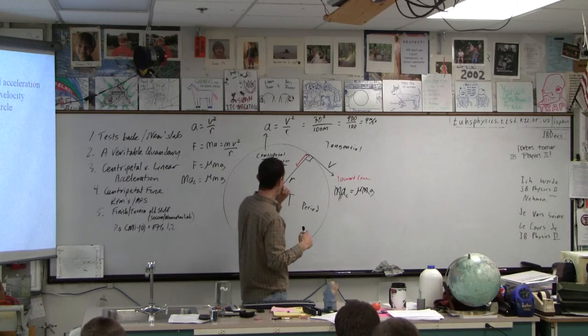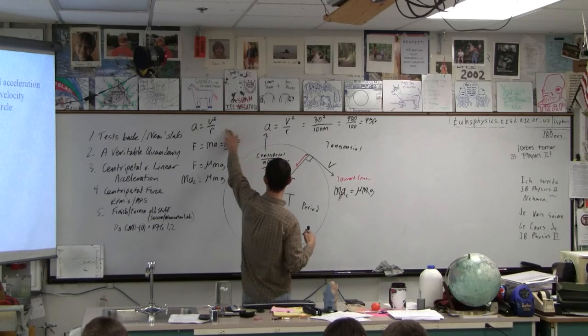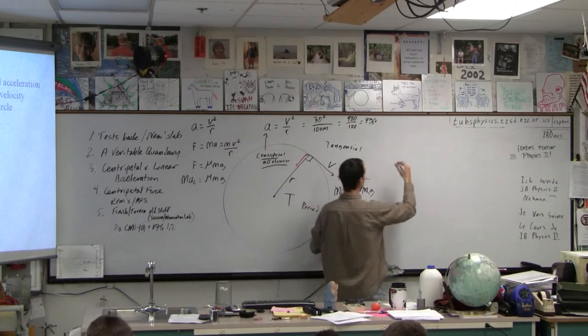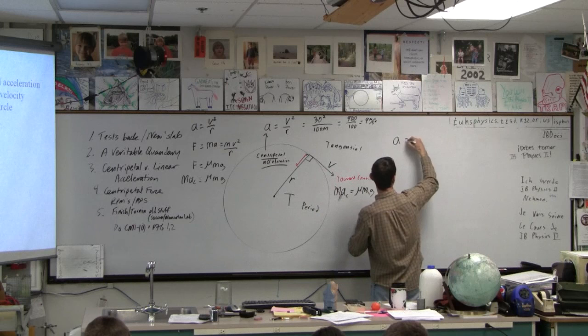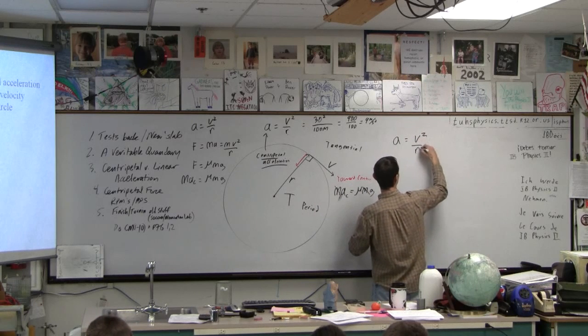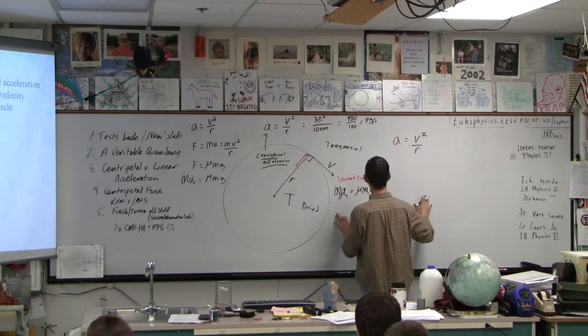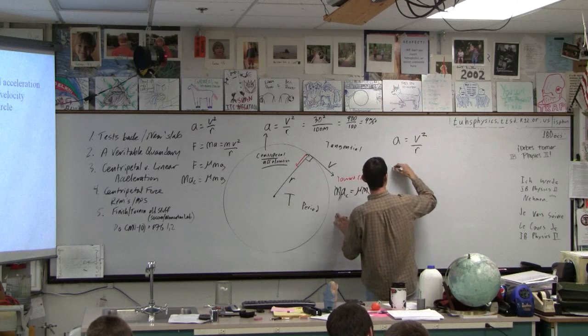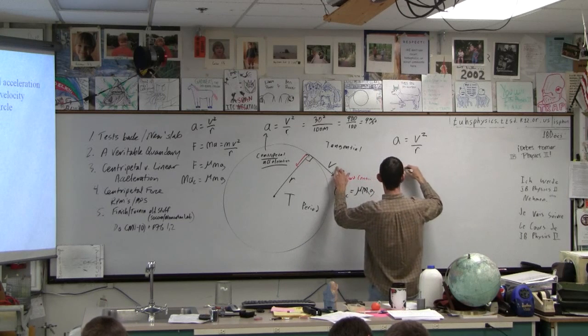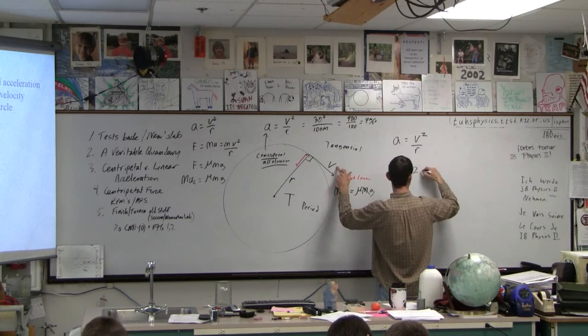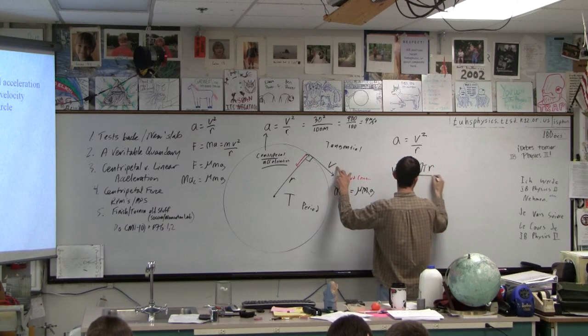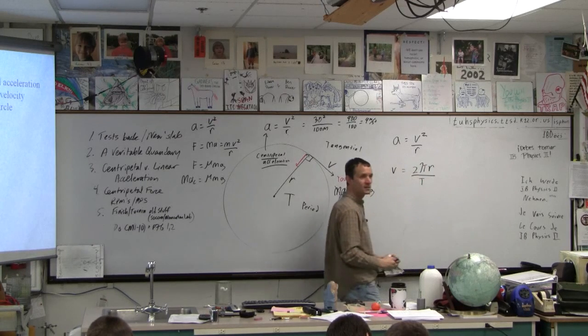Let me show you how to get a formula for the centripetal acceleration with period. I'm going to start out with a is v squared over r. Now here is what I know is true: the tangential velocity is equal to the circumference divided by the period. Does this make sense?